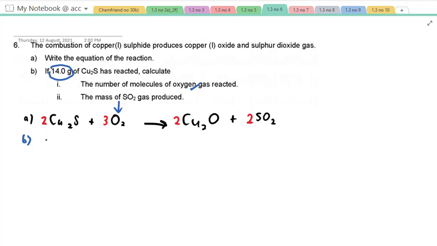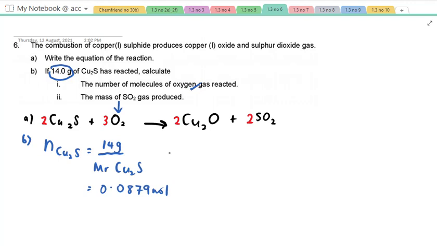Calculate the mole of copper sulfide first: 14 gram divided by the molar mass of copper 1 sulfide. The mole is 0.0879 mole. So that is the mole of copper sulfide.